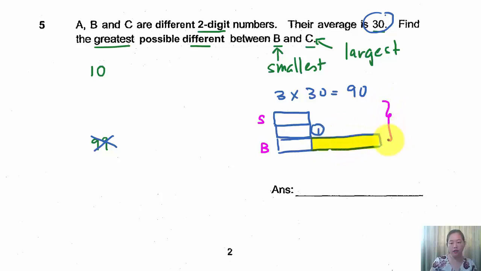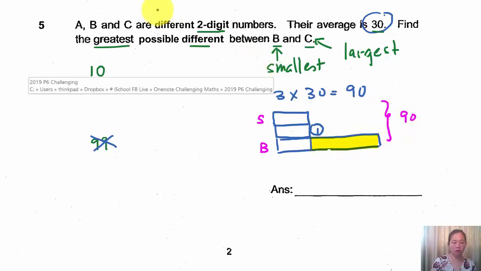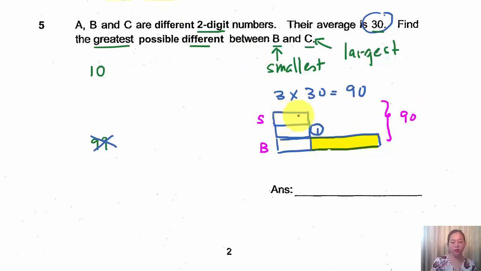So the total here must be 90. So we can safely assume that this smallest number must be 10. The next one will be equal to 11.